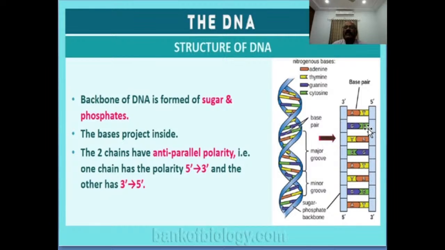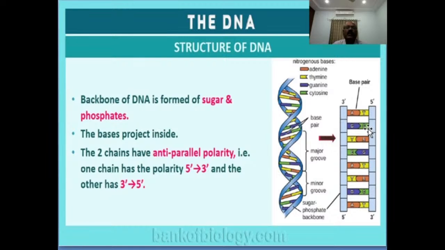In between adenine and thymine, two hydrogen bonds are there. In between guanine and cytosine and vice versa, 3 hydrogen bonds are there. So, 2 strands of DNA are connected with hydrogen bonds, which were described by the scientist Pauling.